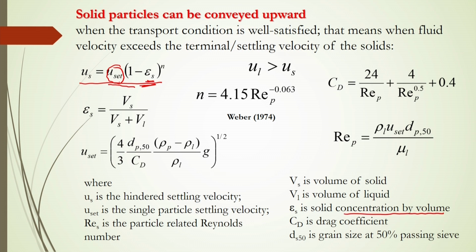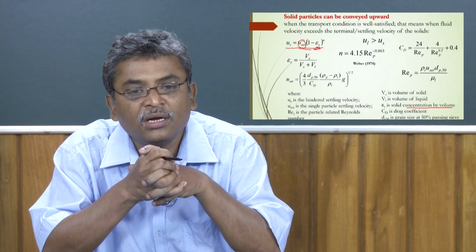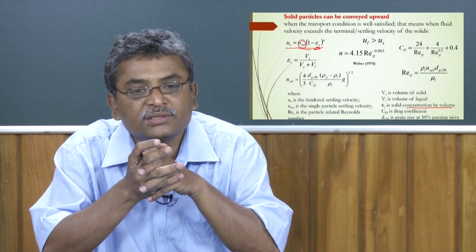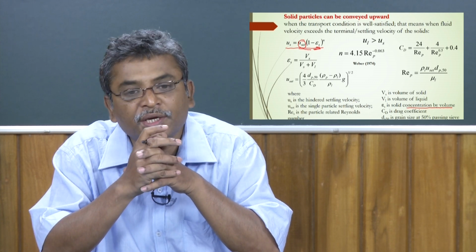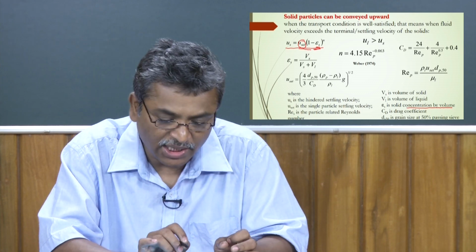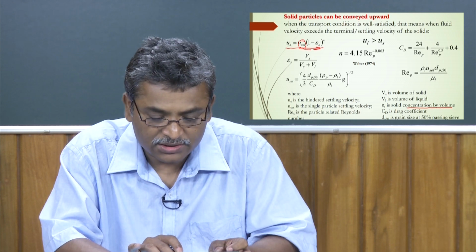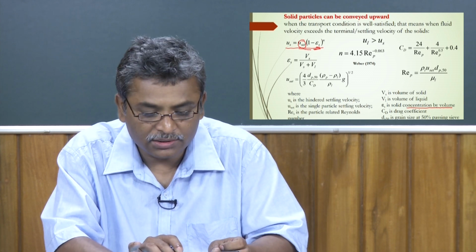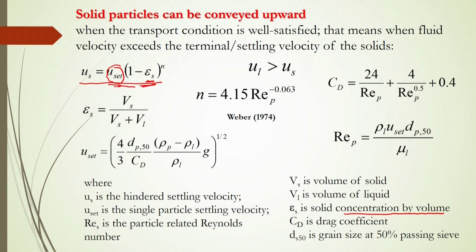So, this hindered settling you can calculate. That means if the particle concentration, that means the slurry concentration, in the bed is higher, then the individual settling velocity of the particles may be reduced by the interaction of the other particles. In that case, effective hindered settling velocity would be equal to u set, that means single particle settling velocity, into (1 minus epsilon) to the power n.